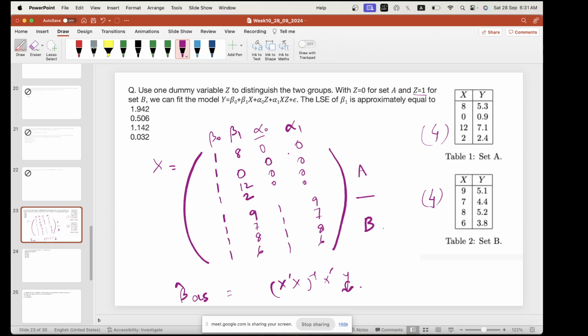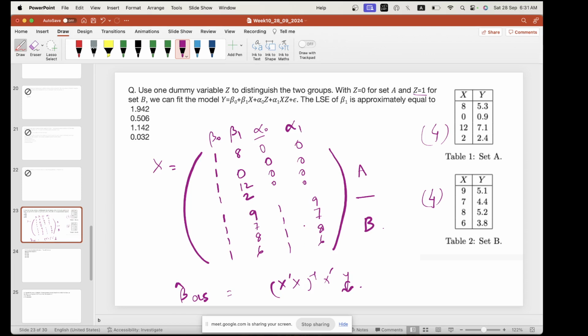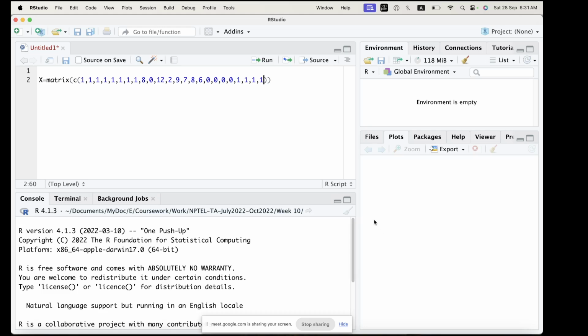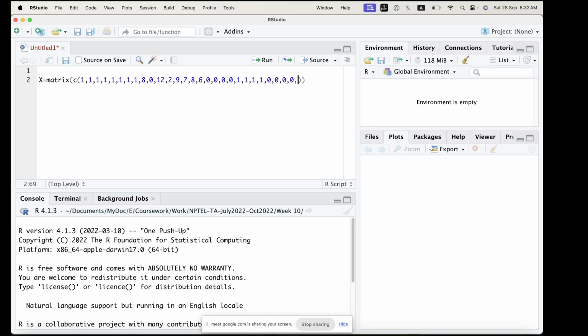Now column 3 will be 0, 0, 0, 0, 1, 1, 1, 1. And the fourth one is again 4 zeros in front, 0, 0, 0, 0, and then we have 9, 7, 8, 6.